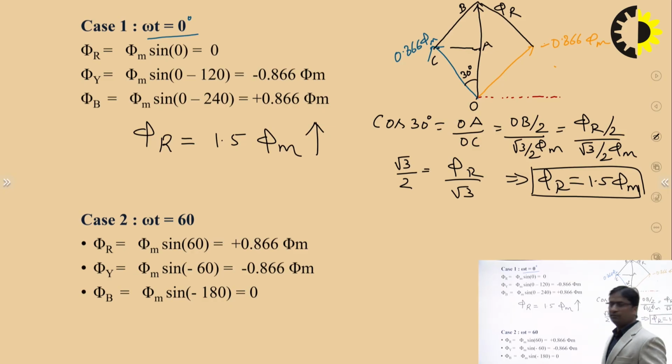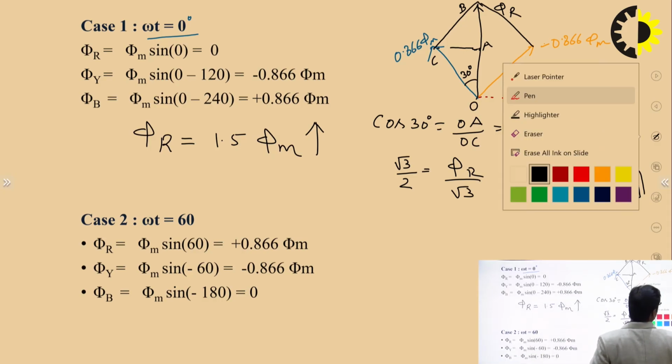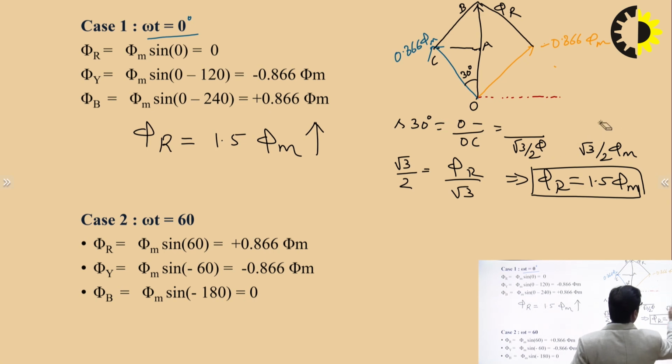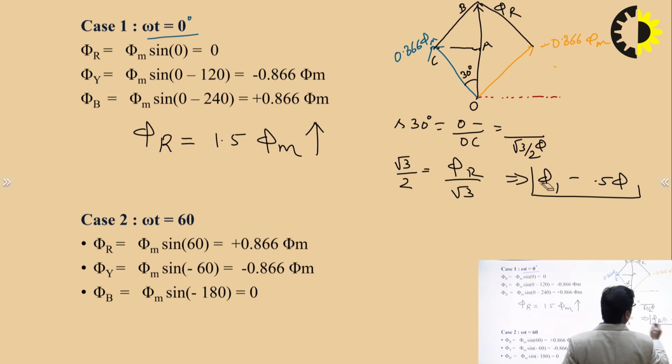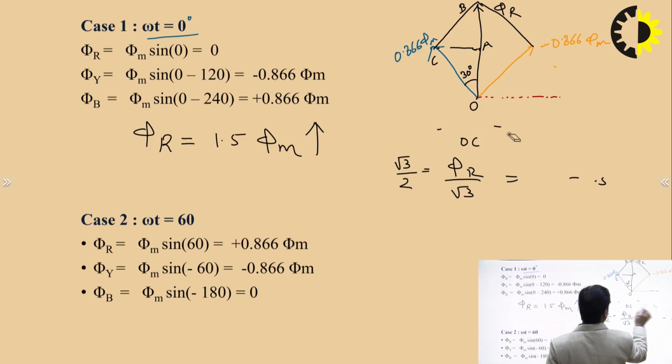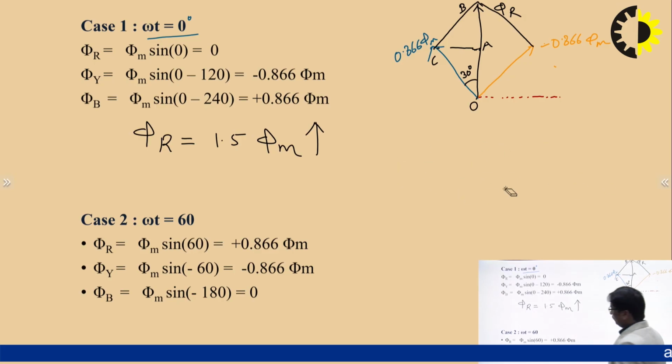Now in the second case, when omega t is equal to 60 degrees, we have calculated the different values of flux at this instant.